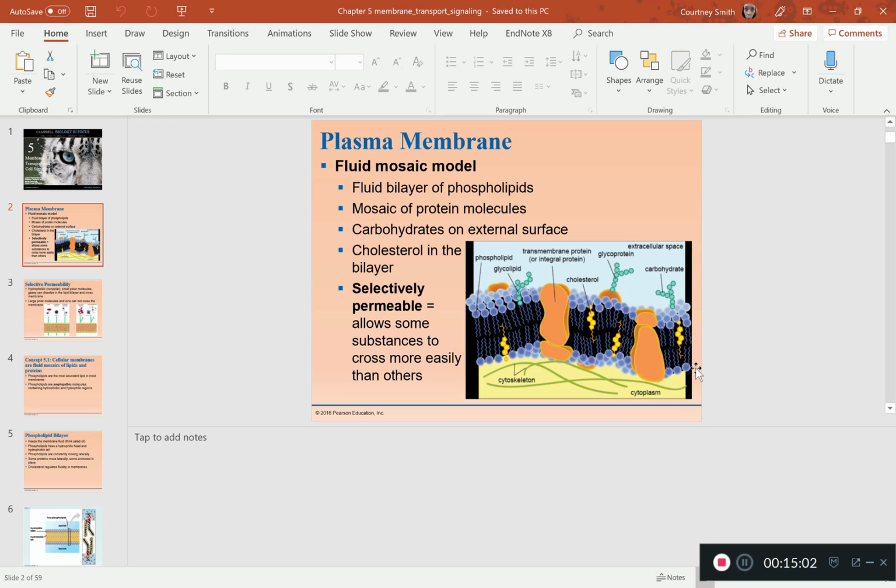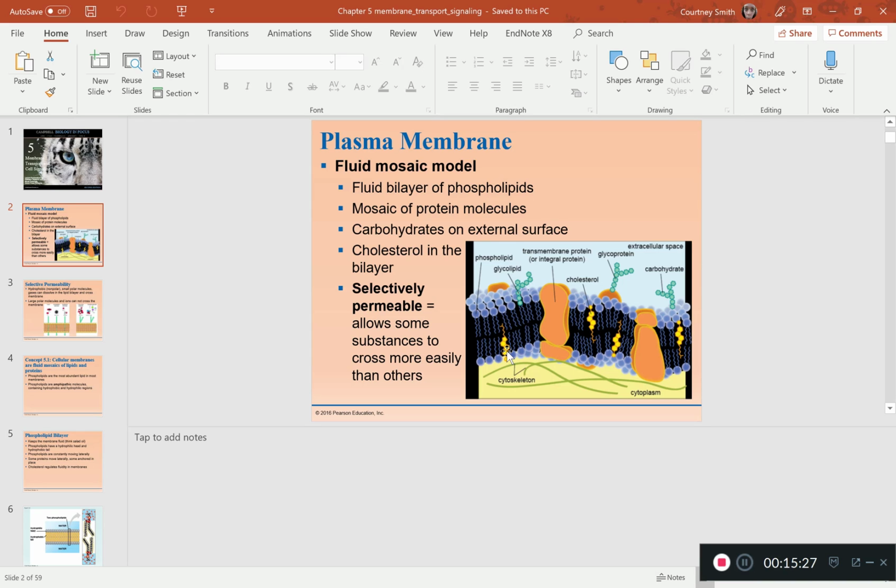They're never really stationary. We also have some carbohydrates located throughout the entire membrane, as well as cholesterol that adds fluidity. Cholesterol adds the fact that it can be like a constant wave-like motion. Those are the main components of the fluid mosaic model.